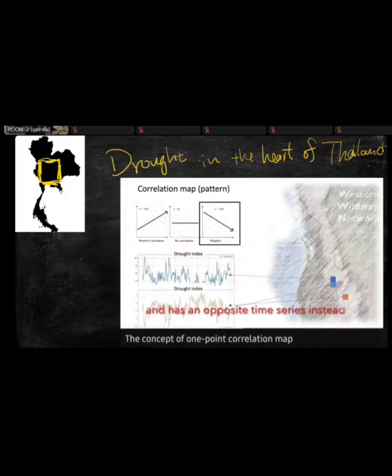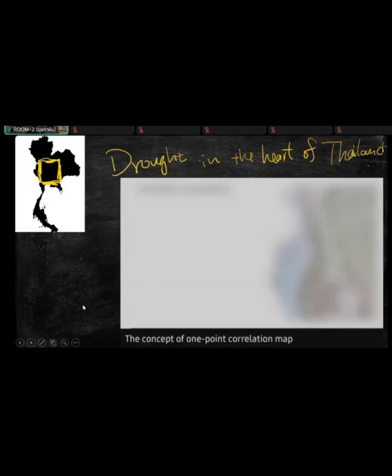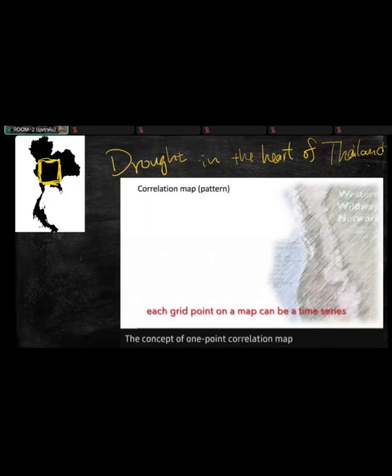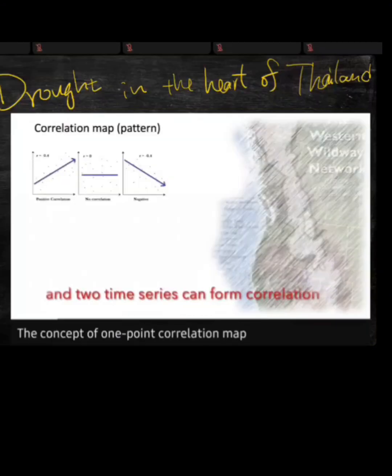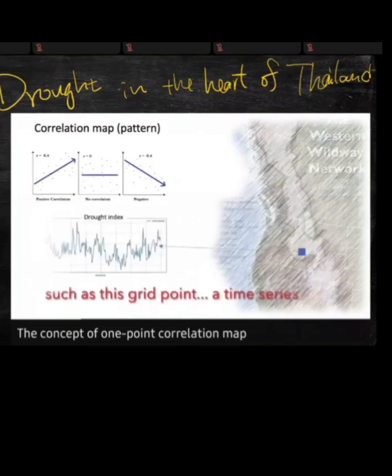To understand the spatial pattern, the straightforward way to do that is to do a correlation map analysis. Now, I made a little video to show you how the one-point correlation map is produced, okay? I'm using the Western US as an example. Let's just say that for any location, you can pick one location and it will give you a drought index that looks like this in the time series, right?